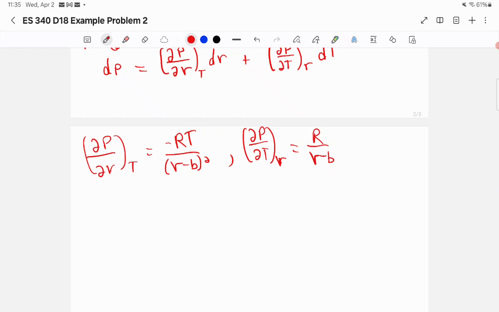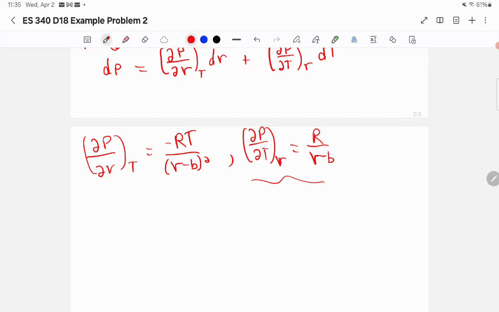Now this part might not be as familiar to you because you probably haven't taken an initial course in partial differential equations, so you might not know how this works out. So I'll just tell you how this works out.